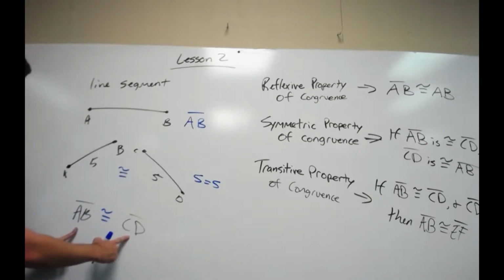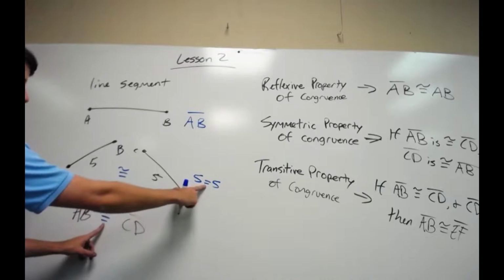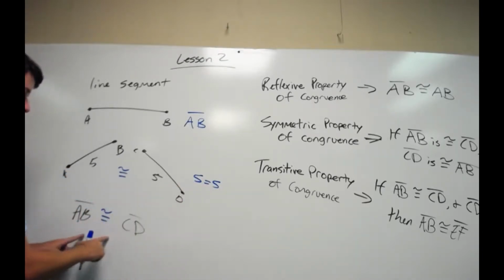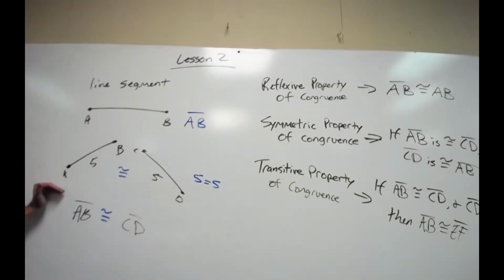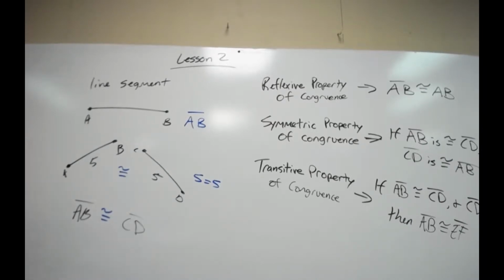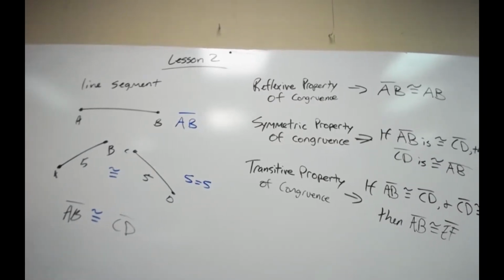So the difference between equals and congruent is equals is referring to numbers. Congruent is going to be referring to measurements of shapes, lines, different things like that. So we could say AB is congruent to CD because they have the same measure of 5. And they are congruent segments. They have the same length, size, and shape.